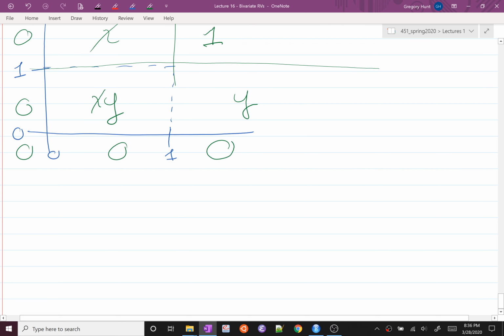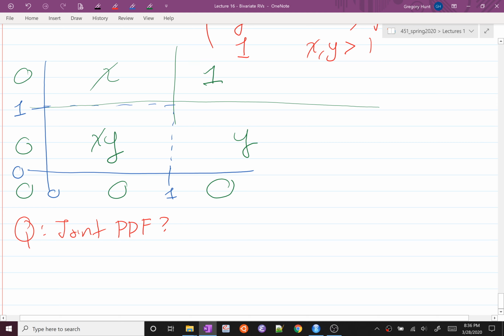We can get the joint PDF. So the first question is, the joint PDF? Well, how do we get the joint PDF? We know that f_XY is the partial with respect to x and y of my joint CDF, and I can do those partials in either order I want.